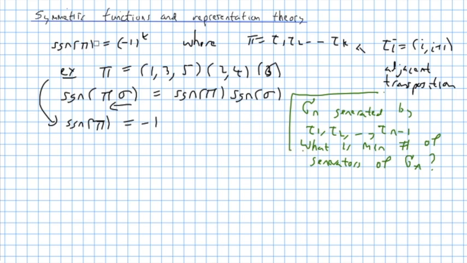Okay, all right. So that's some refresher of some stuff of the symmetric group. So now let's make a definition of our representation. So maybe before I jump into this, what's the goal of representation theory?